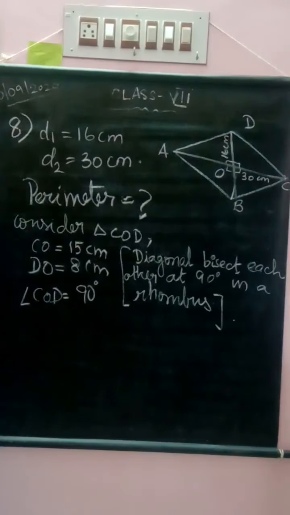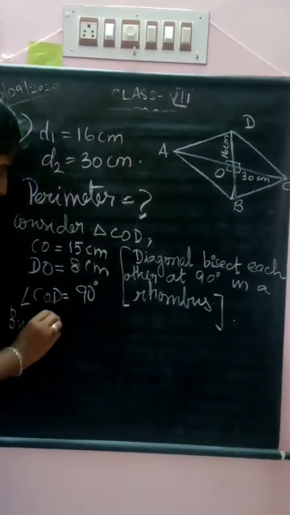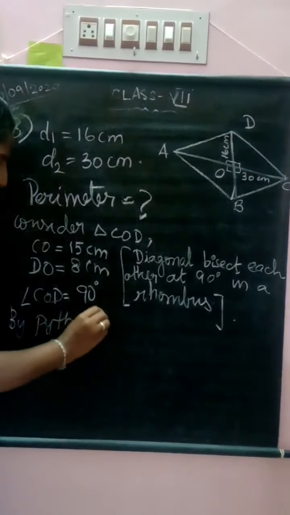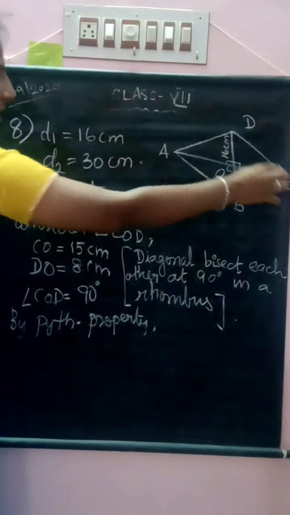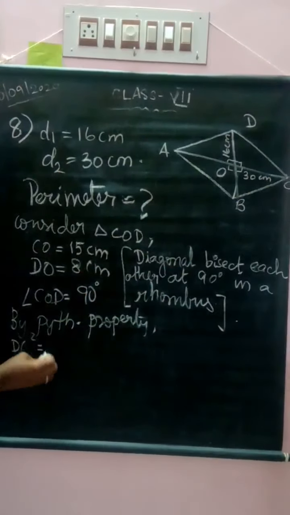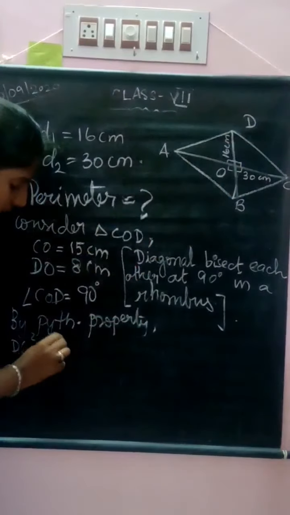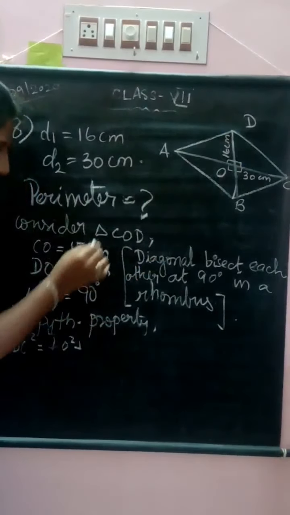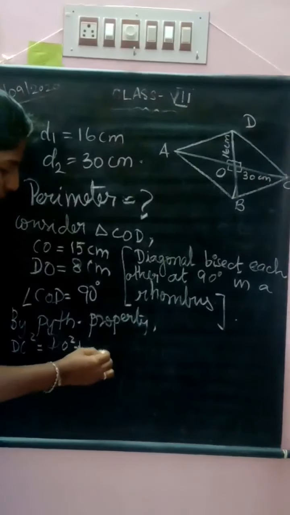Now by Pythagoras property, you can have this as the hypotenuse. So DC square is equal to this DO square plus, in the same triangle COD, plus CO square.